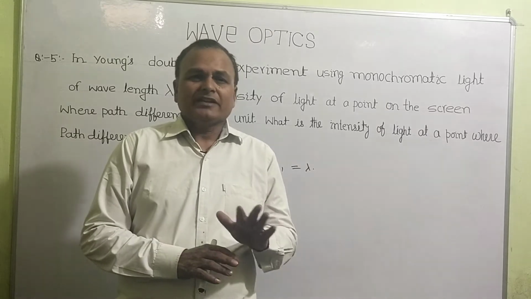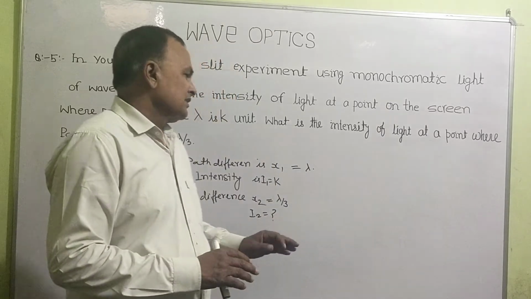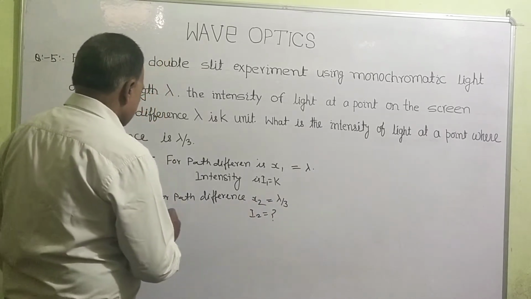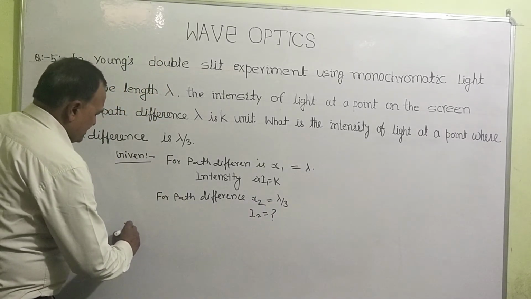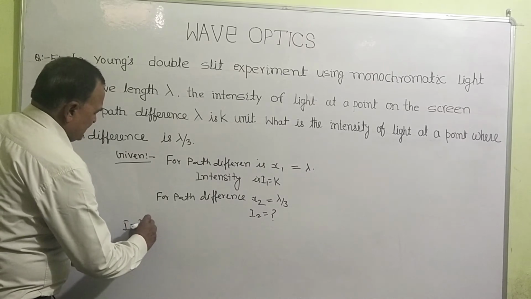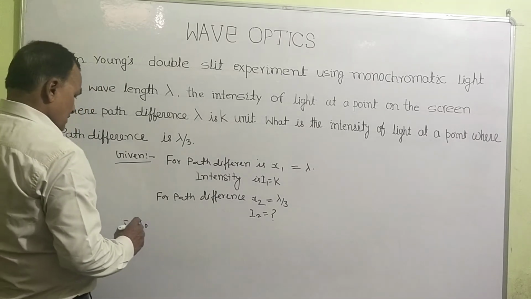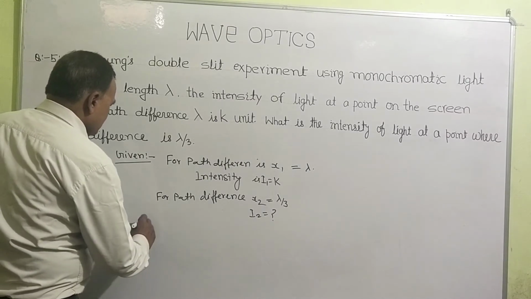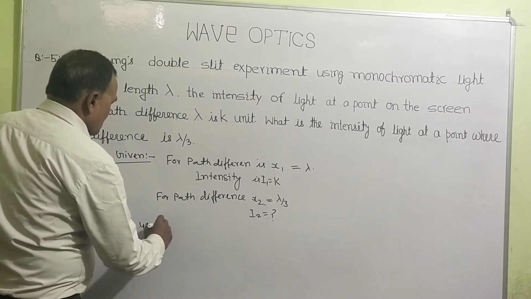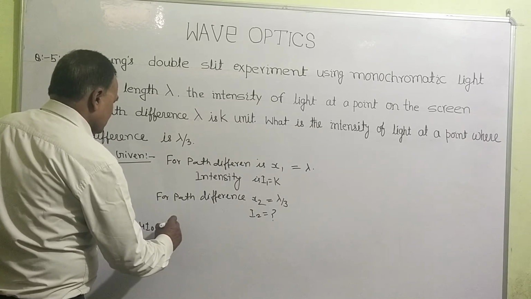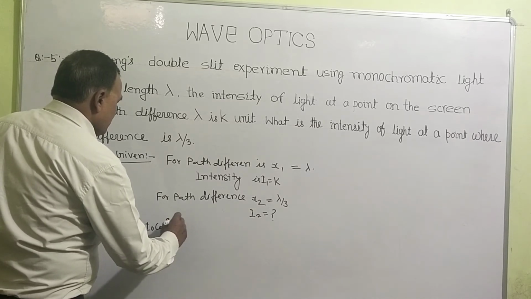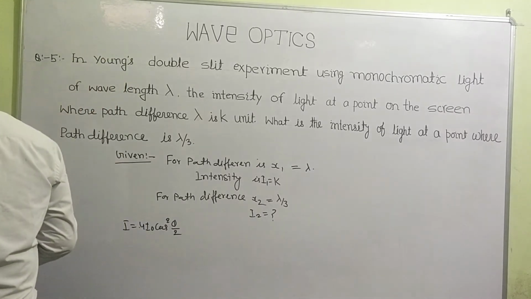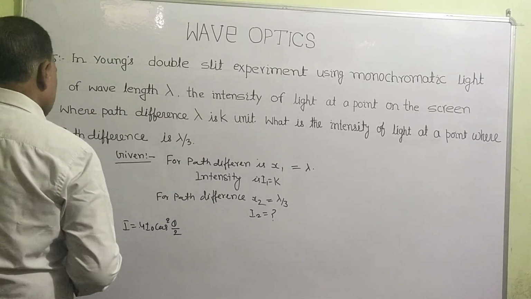In a similar manner, the formula for intensity is I is equal to 4 I naught cos square phi by 2.